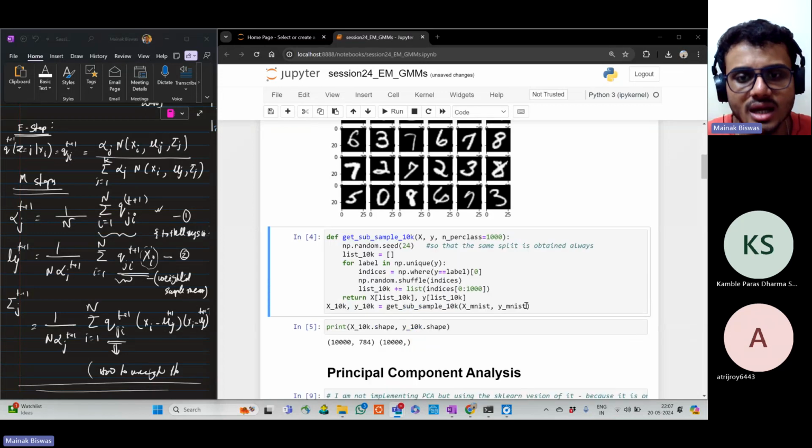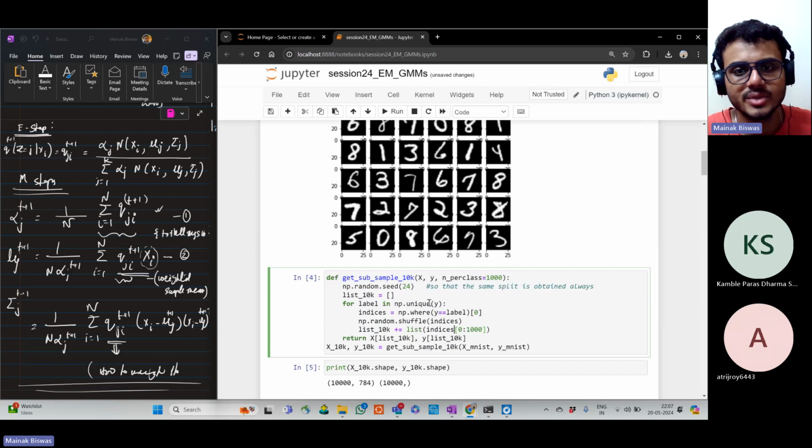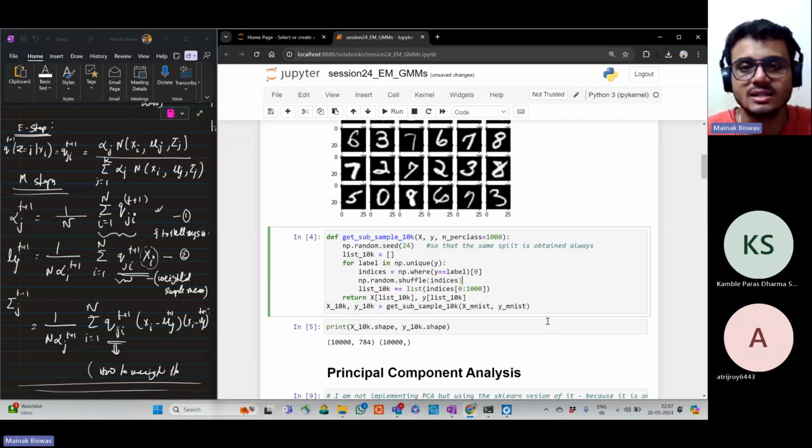Okay. Now you see what I've done is I have subsampled 10,000 of them. This is also one of your assignment 4 questions. Subsample 10,000 of them with 1,000 per class, like 1,000 zeros, 1,000 ones, and so on. At the end of the day, I have 10,000 by 784 features.